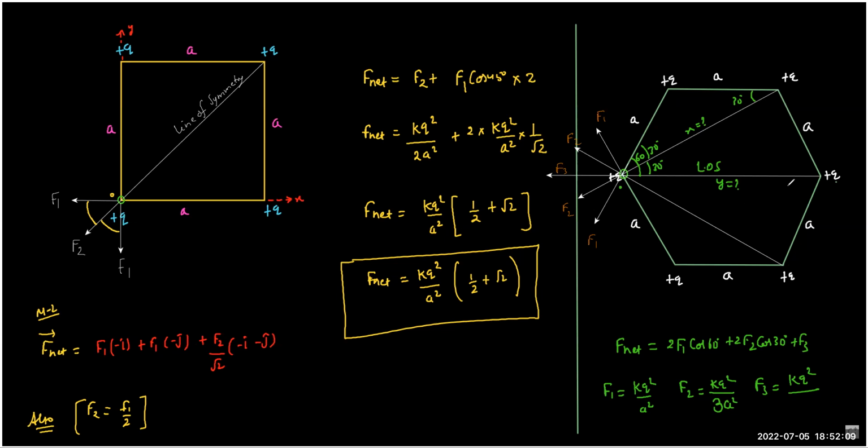In a hexagon, what is this value? The F3 is acting between this charge and this charge, isn't it? So what is the separation as per the diagram? Can you tell me the separation at least?